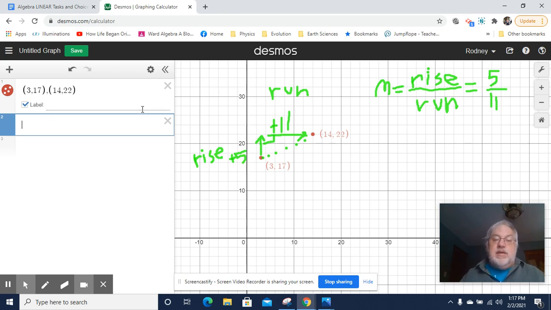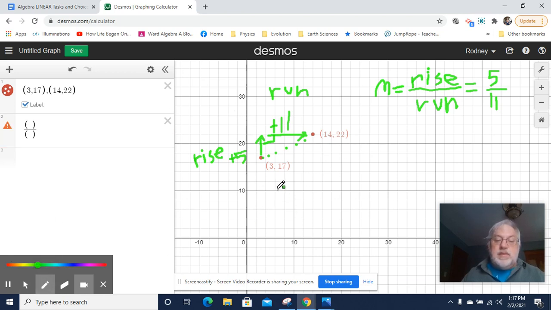So if I am calculating the slope, I'm not able to just eyeball it. What I'm going to do is set up a little equation here. So rise over run is going to be, I'll put it here so it's clear.